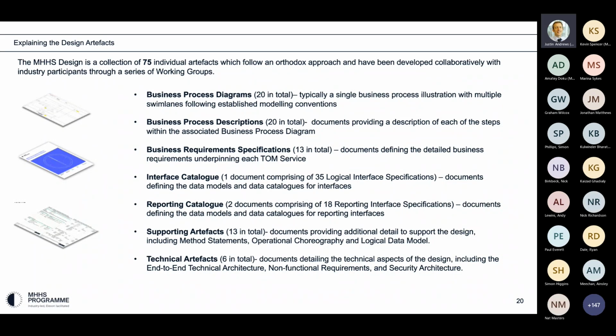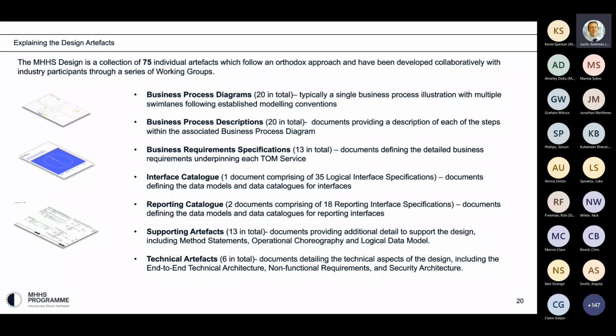Now, I believe the program, or should I say the design team, have also got a list of all the D flows, so that we're saying, well, we're not changing that one, we are replacing that one or changing that one. And I think that might be the only thing that you've asked that's missing. So that's not an artifact, but we do have it if people need it.